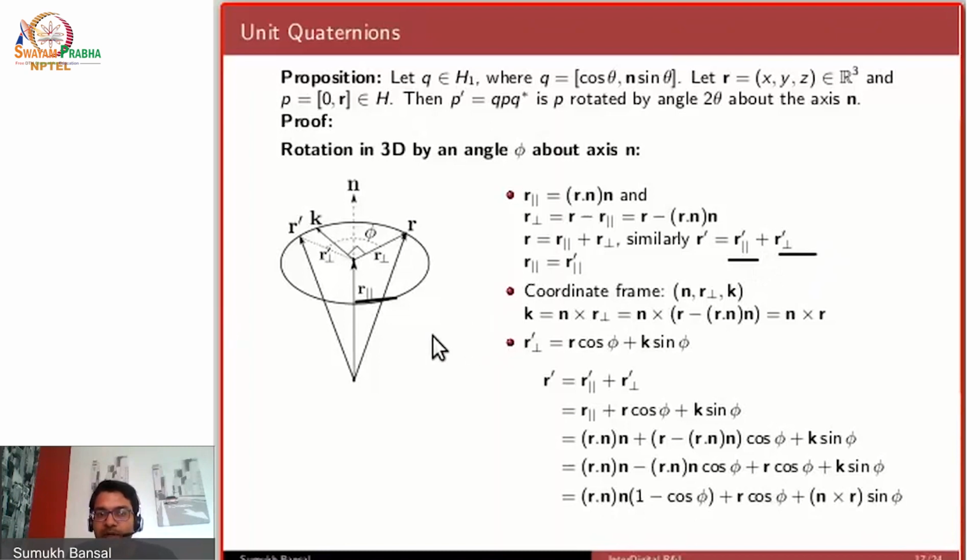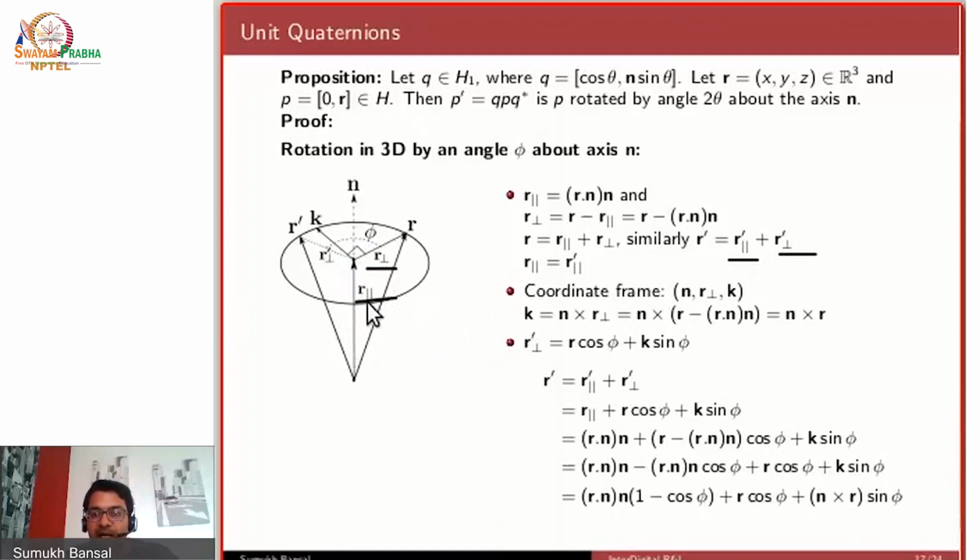Now an important point to note here is that it's only the perpendicular component of r which is going to be affected by the rotation, and the parallel component is going to remain as it is.